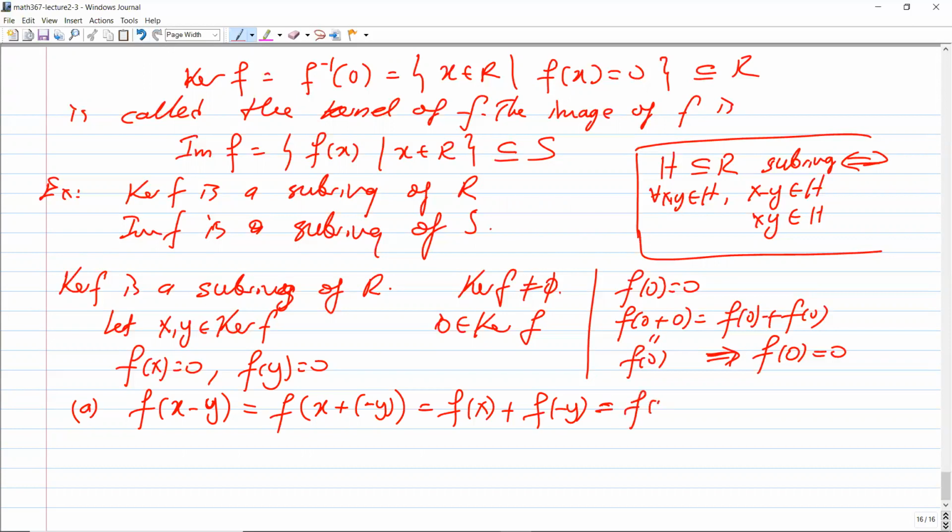So it is f(x) minus f(y). And f(x) is 0, and f(y) is 0, and the difference is 0, so that x minus y maps to 0 by f, so that x minus y is in the kernel of f. So this first condition is satisfied.